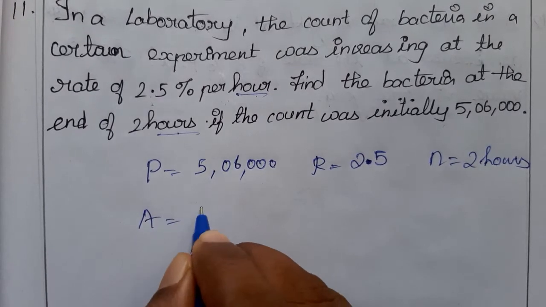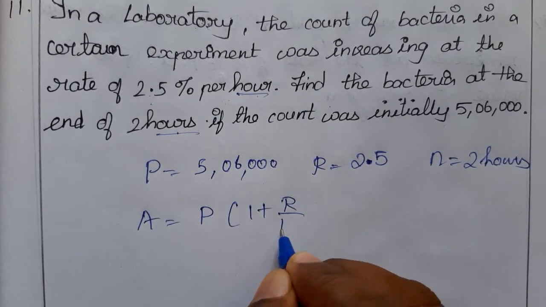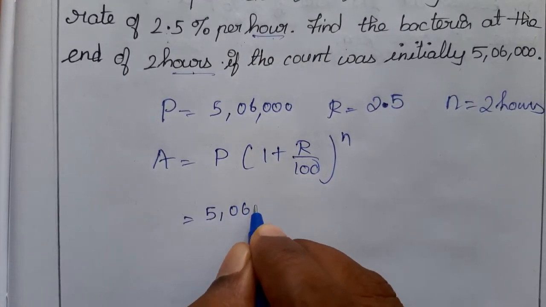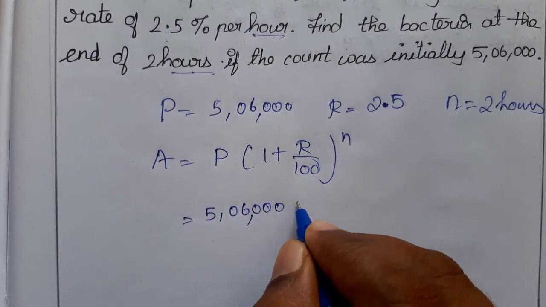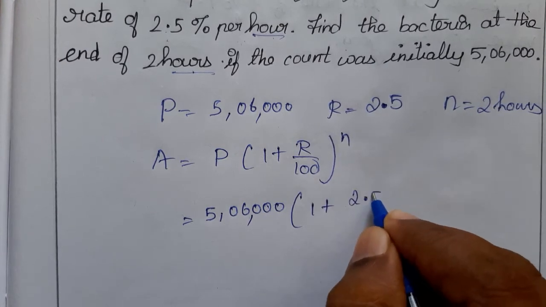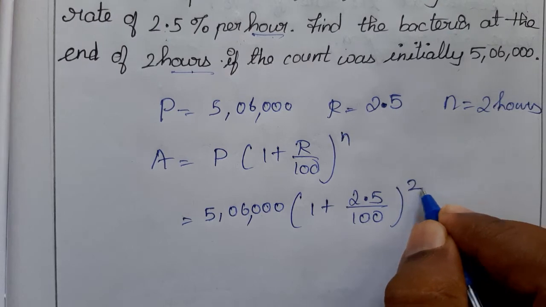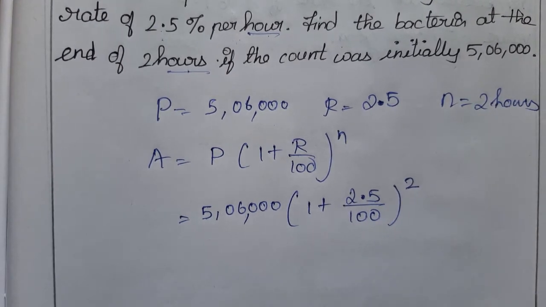So the amount is equal to principal into (1 plus r by 100) whole power n. So here it is 5,06,000 into (1 plus 2.5 by 100) whole power 2.